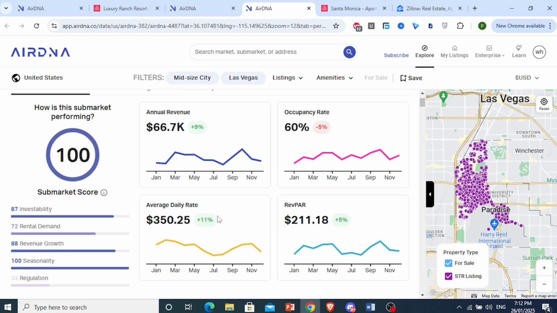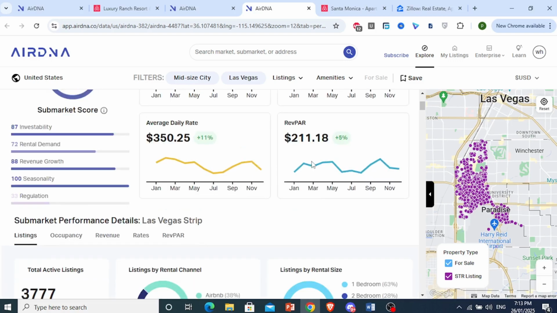And then we have the average daily rate as well. Basically, how much hosts were charging customers to rent, on average. So people were paying about $350 on average to the host to go ahead and rent here.